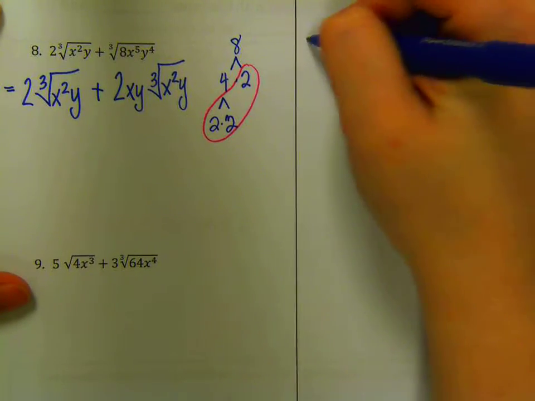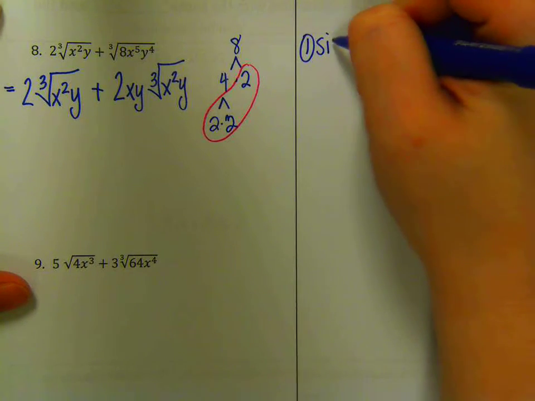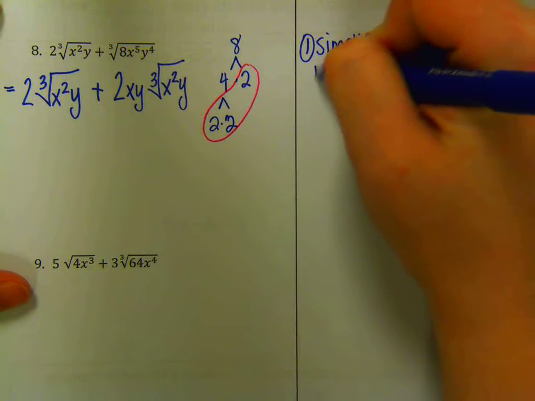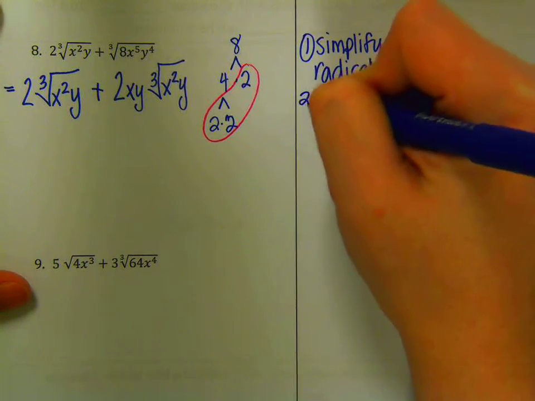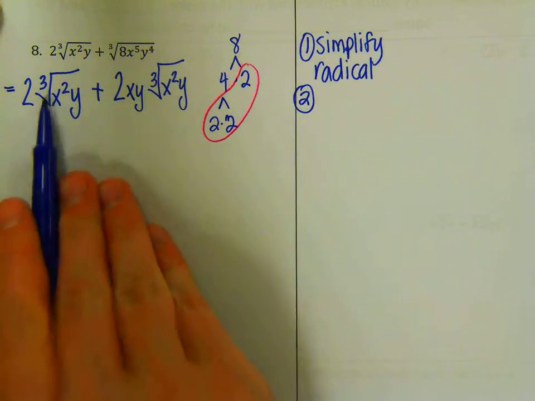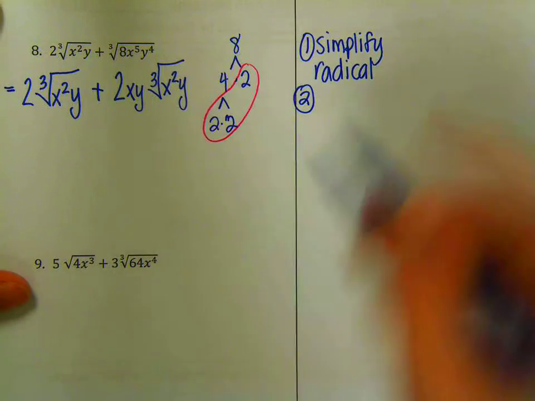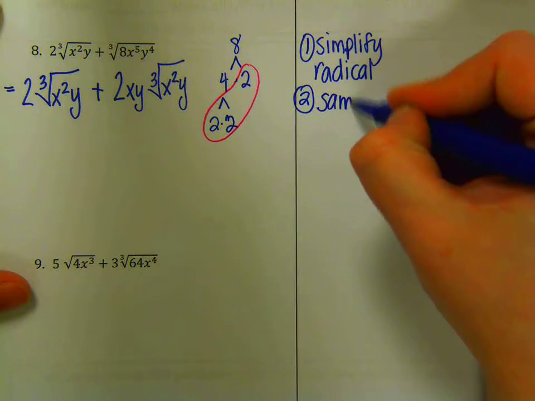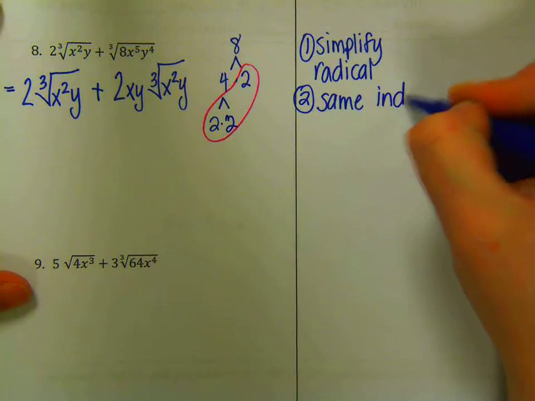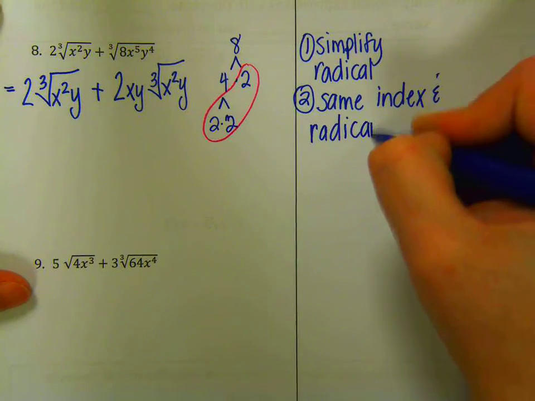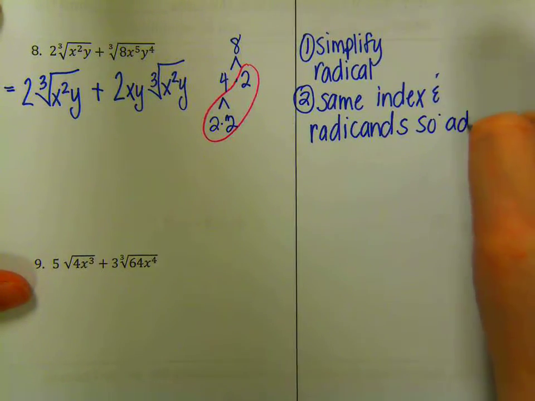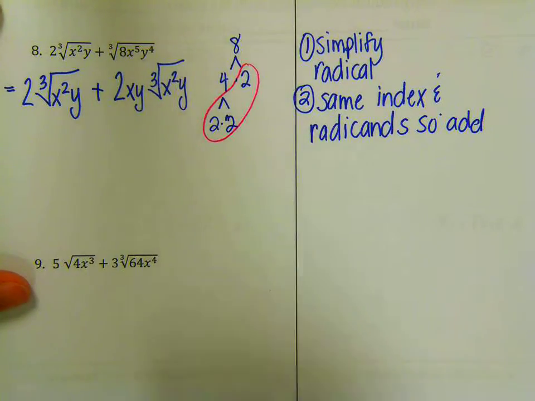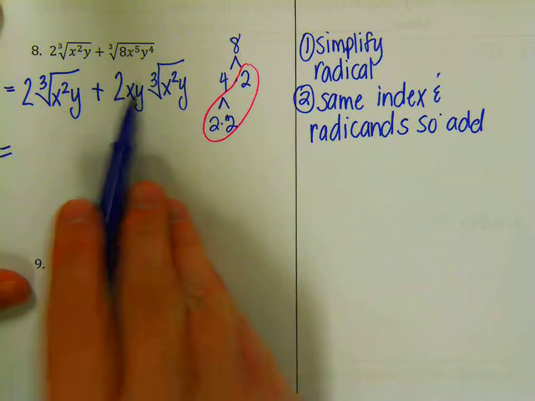So my first step, simplify. Second step, we have the same index, same radicand. I can just simply add them together. 2 plus 2xy.